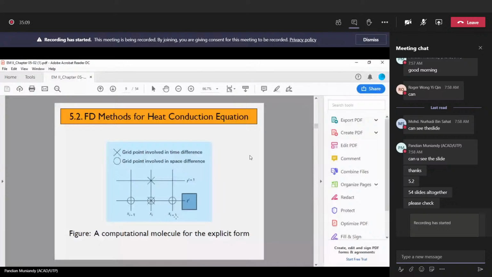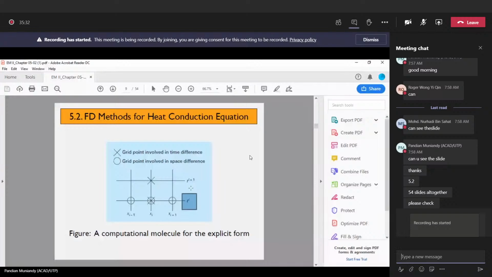So you have to calculate the temperature. The temperature depends on time and distance x, but the time depends on the level, L. So take note, the level is called L. This L we have to fix, and the I we will fix.